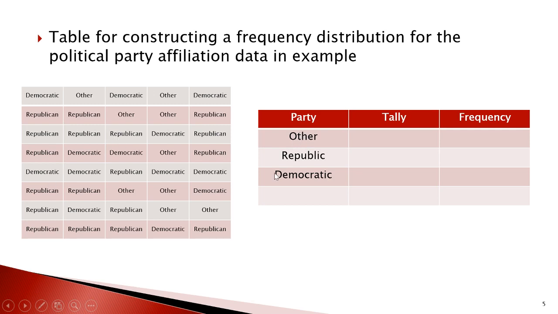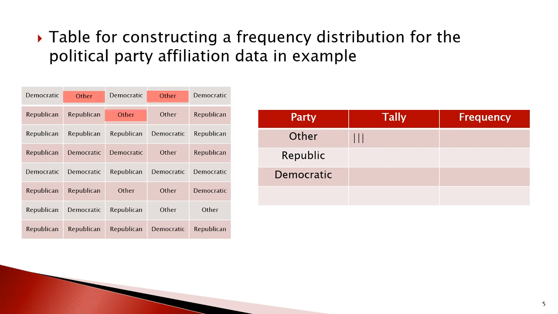Let's see how we can do that. First of all, we need to go through the data set. There are several other values. We need to go through the data set one by one, and when we find other as a data value, we put a tally mark here like this.